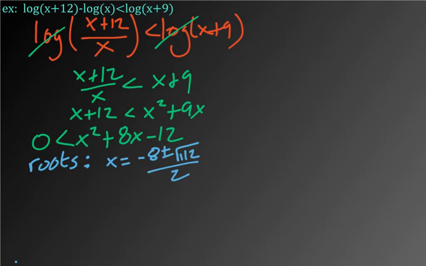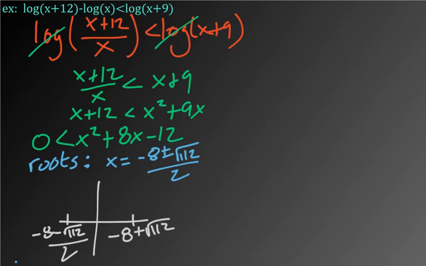And so that means if we go to our picture, I don't exactly know what decimals these are. I could figure them out, just go to calculator, but I know that the smaller one is negative 8 minus square root 112 over 2. And the bigger one is negative 8 plus square root 112 over 2. I don't even know that they're symmetrical or anything. I just drew them that way.